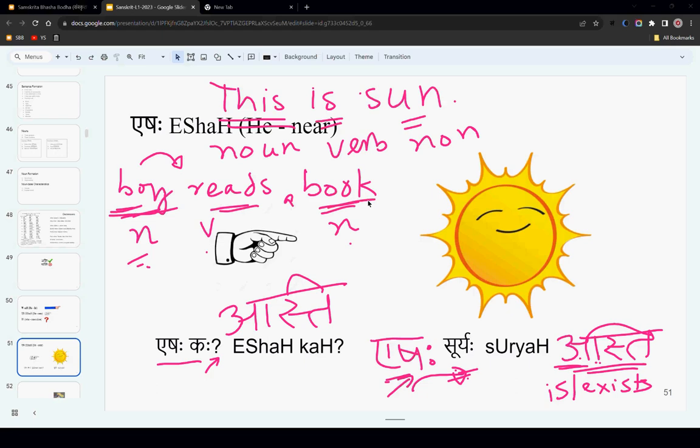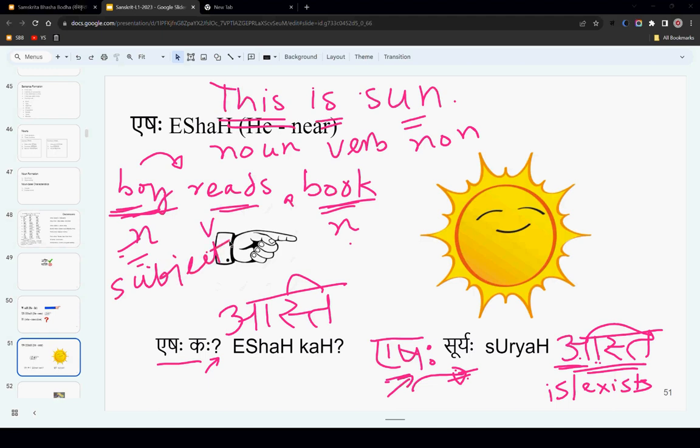But their relationship with the verb is different. Both are nouns, but the relationship is different. Boy is performing the action, but book is not performing the action, right? Book is being read by the boy. So the action is happening on the book. So the relationship is different. So in English grammar, this noun, boy, who is performing the action is called the subject, right?